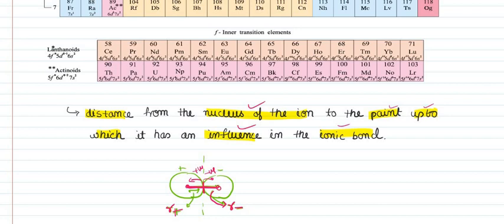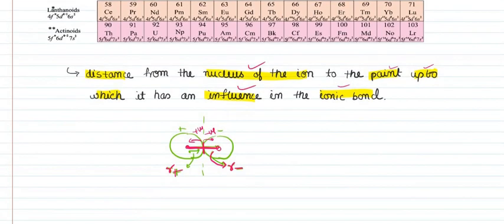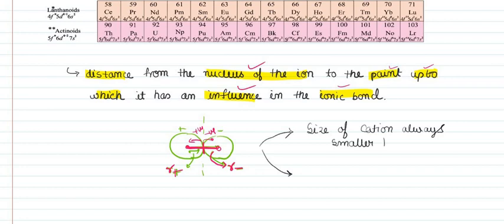Now, we have studied lots and lots of ions. Scientists have studied them extensively, and we have come up with two universal rules. The size of a cation is always smaller than the parent atom.